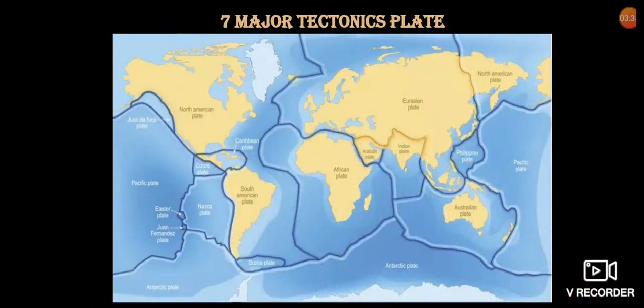As we did in the earlier class, we have the 7 major tectonic plates. Let me repeat, those 7 major tectonic plates are the Pacific plate, the North American plate, the South American plate, the Eurasian plate, the African plate, the Indo-Australian plate, and the Antarctic plate.